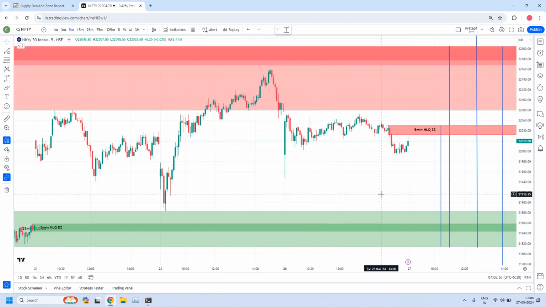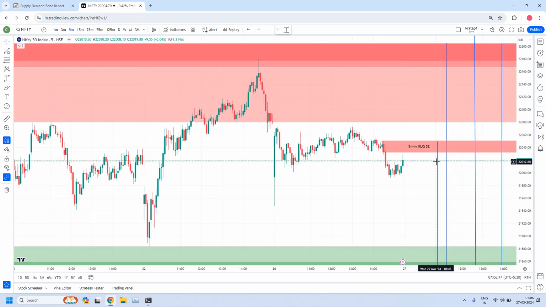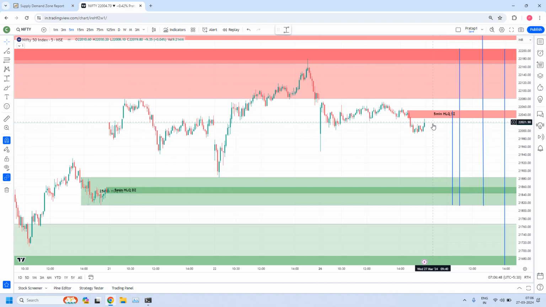If this 5 minute supply zone is violated, then probably the same range we saw yesterday is applicable. Now we need to check whether price will be moving within this range or one of these zones, either this 5 minutes high liquidity supply zone or this 25 minutes high liquidity supply zone inside it.